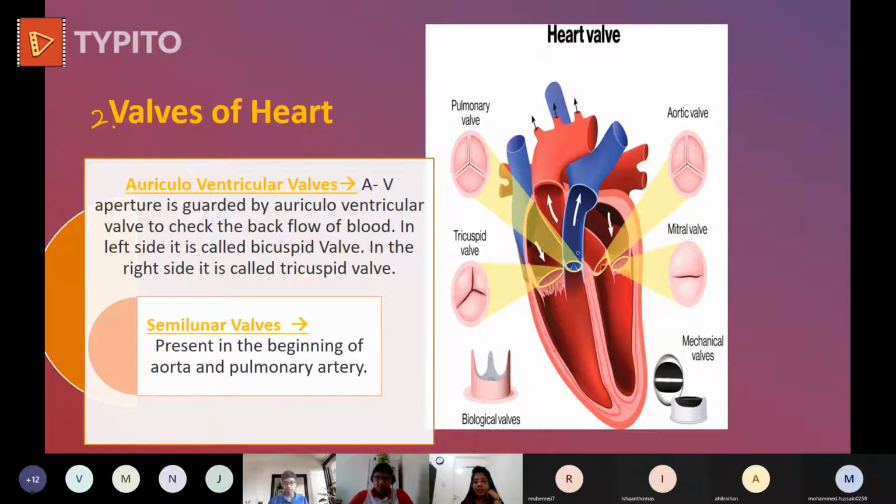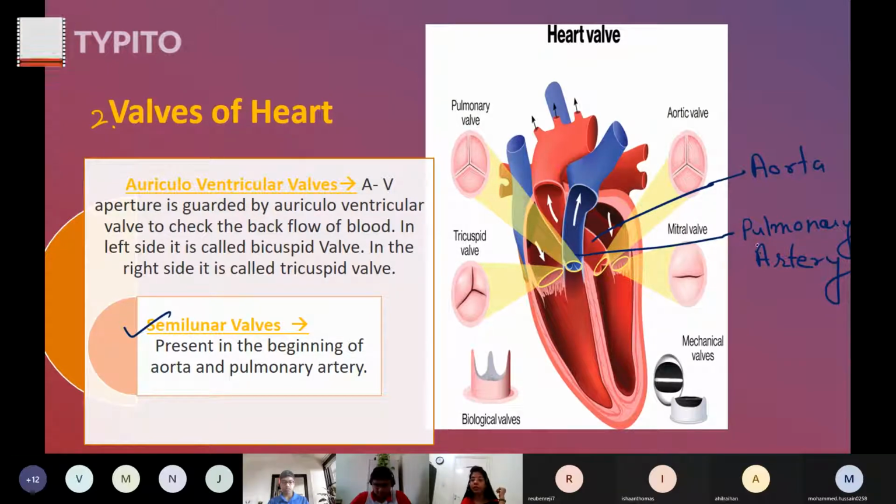It is present at the beginning of the pulmonary artery and the red blood vessel which is called aorta. So where are the semilunar valves present? In the beginning of the pulmonary artery and aorta. So where a valve is present there, that is called the semilunar valve.